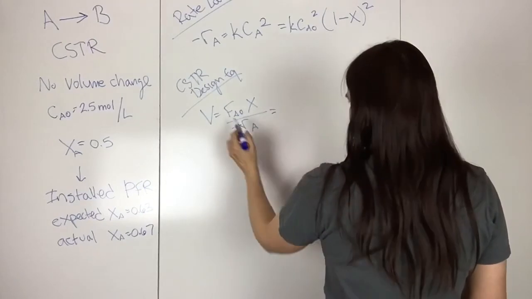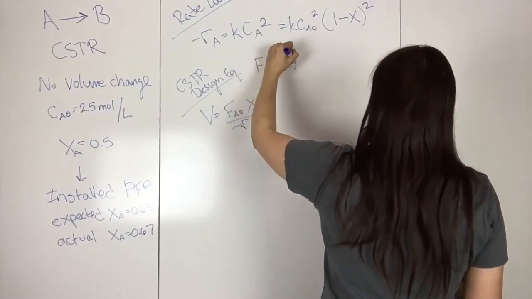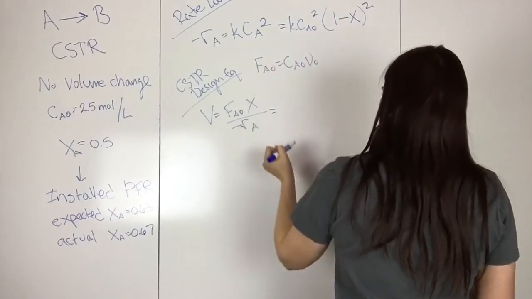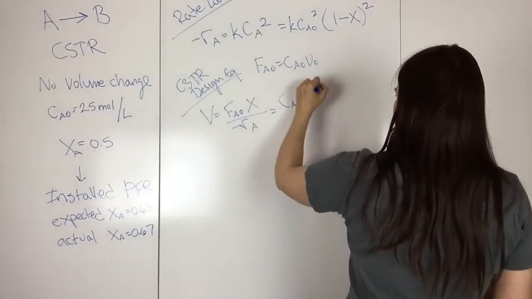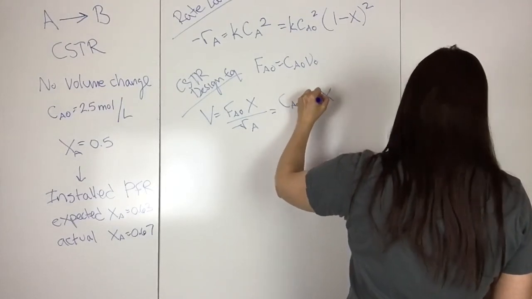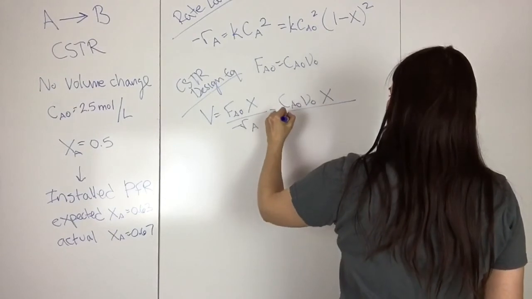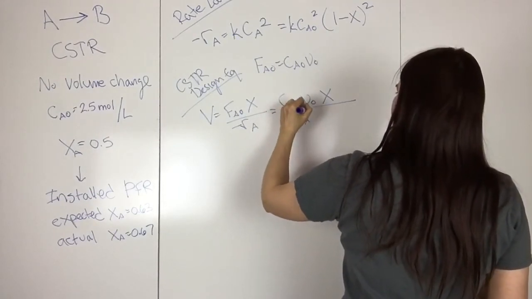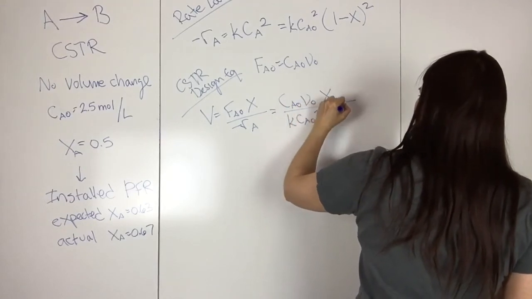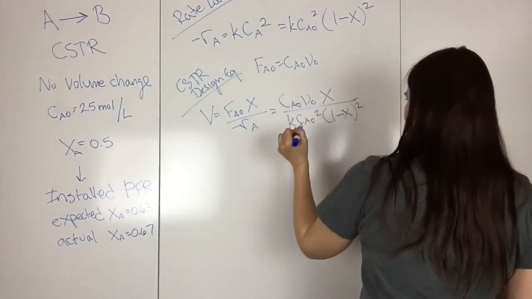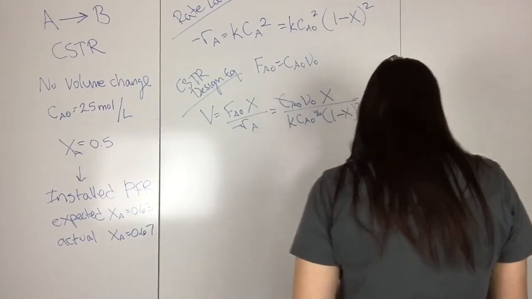Plugging stuff in again, remember that FA naught is equal to CA naught V naught, so we can put in CA naught V naught multiplied by x over K CA naught squared times 1 minus x squared, and that cancels out.